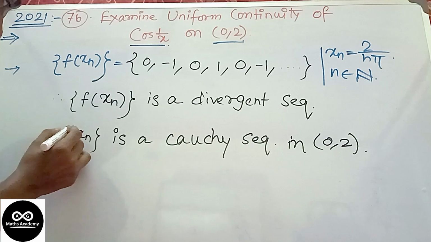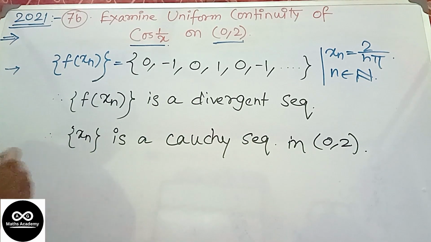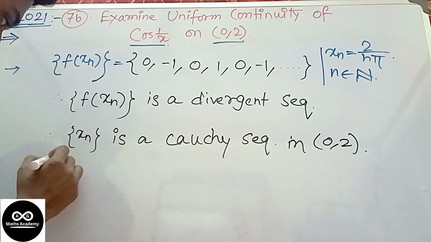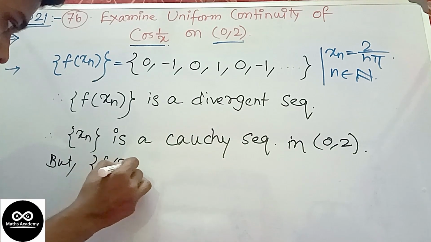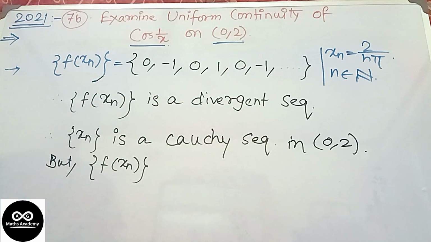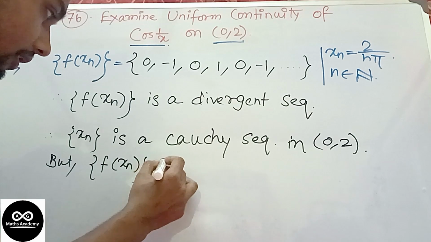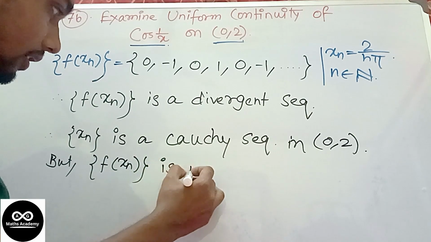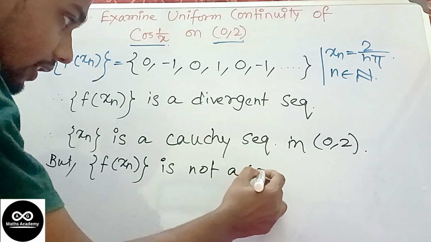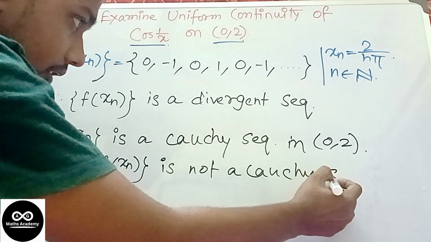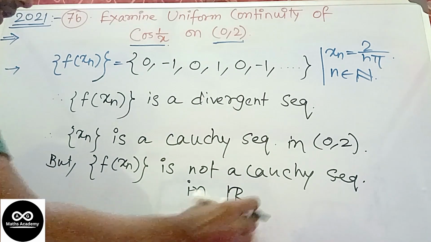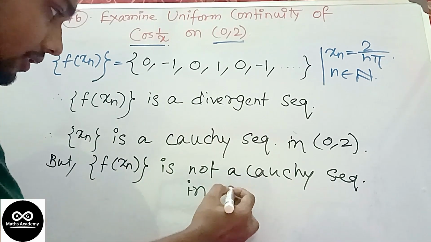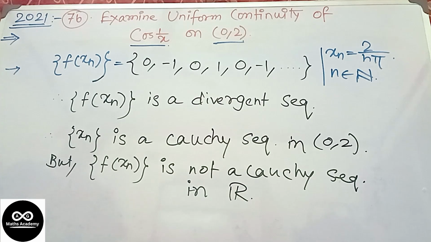Okay, but this sequence f of xn is not a Cauchy sequence in R. Okay.